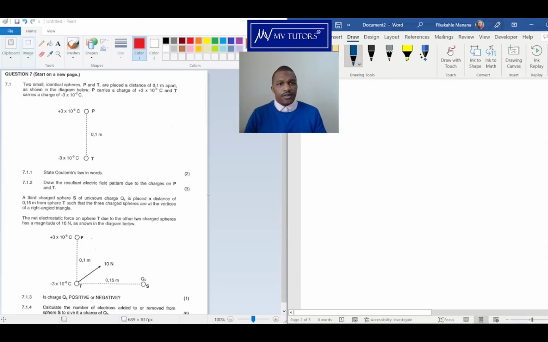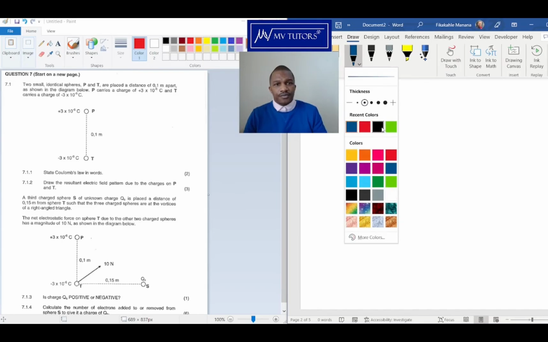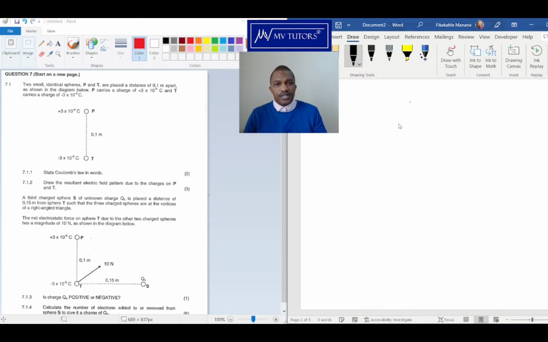This is now 7.1.3. Let's see what's happening. We've got a positive charge there, and a negative charge there, and then this one that we want to determine.